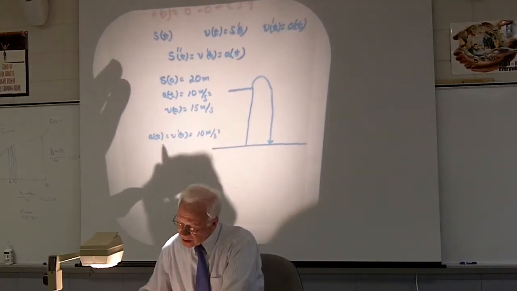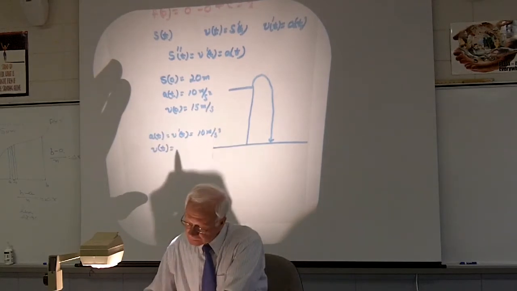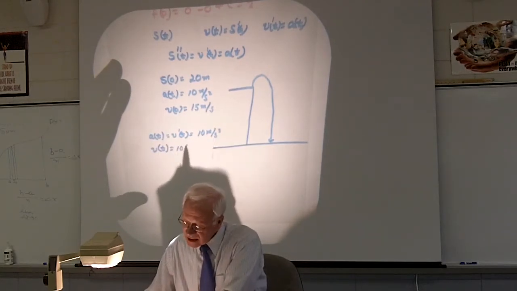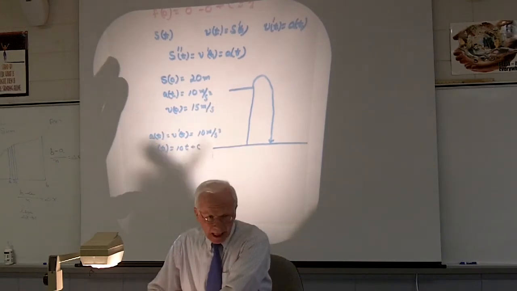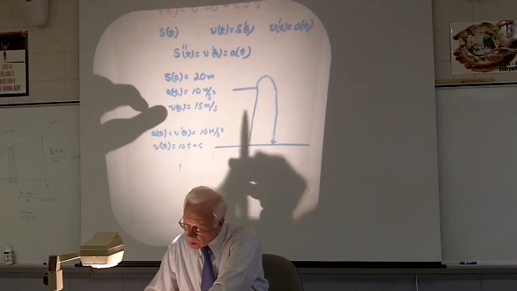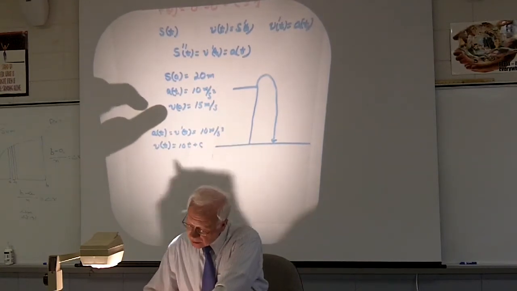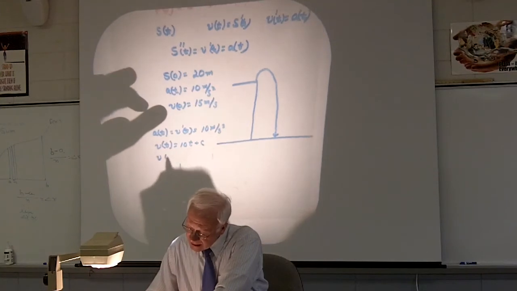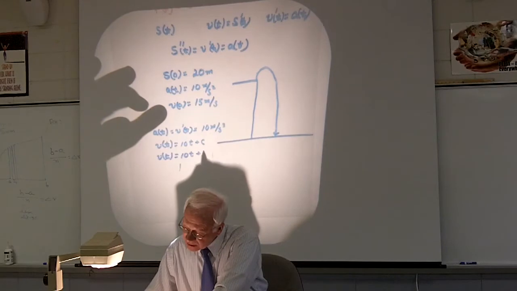If this is the case, what's v at t? Are you with me? What's v at t? 10t plus c. Okay. Now, a comment I made really fast a while ago is that v at 0 equals 15, so c is going to be equal to 15. So now my formula is v at t equals 10t plus 15.